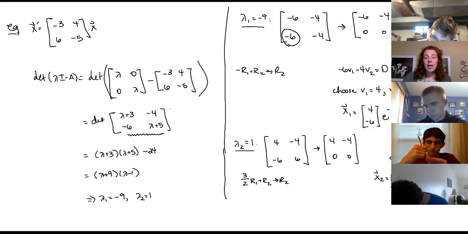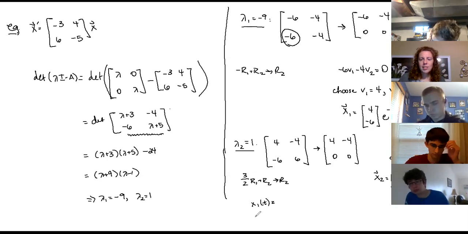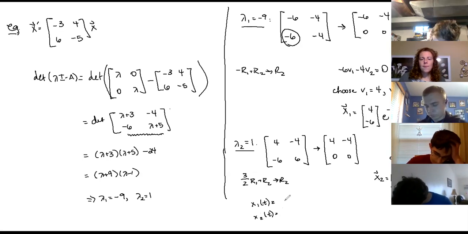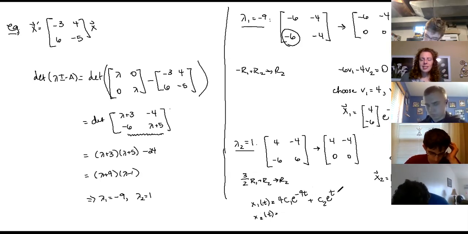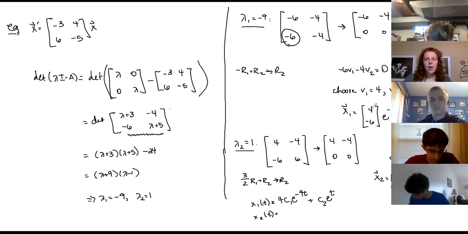I'm going to jump and give you my answer in terms of functions x1 of t and x2 of t. First one, 4c1 e to the -9t plus c2 e to the t. Think about where that's coming from.